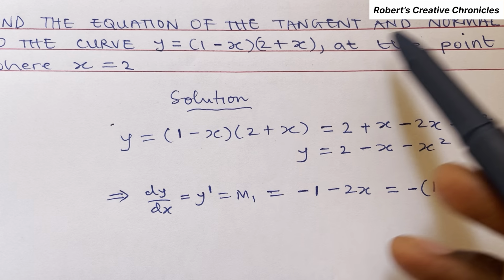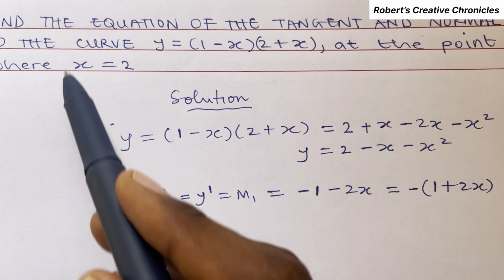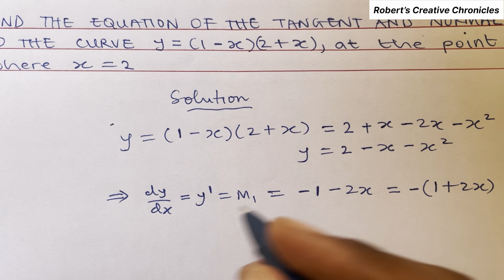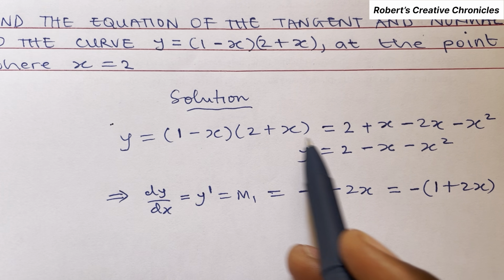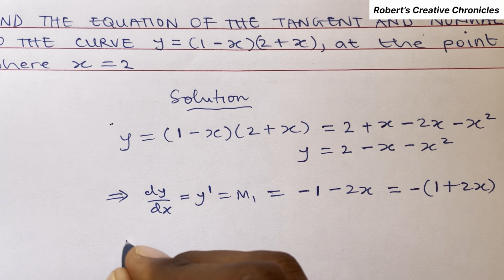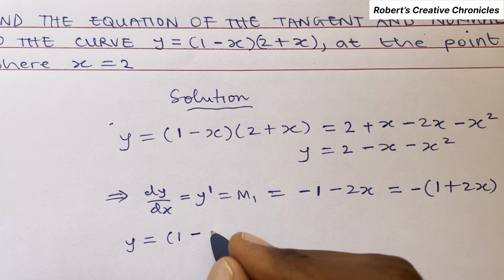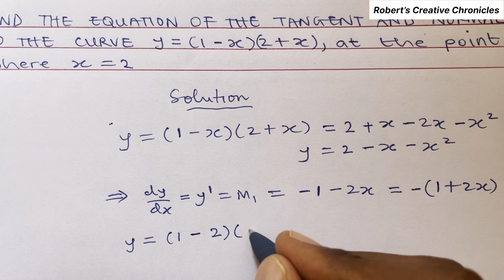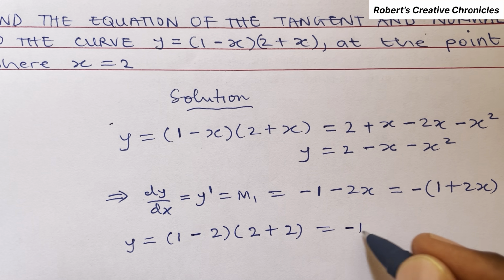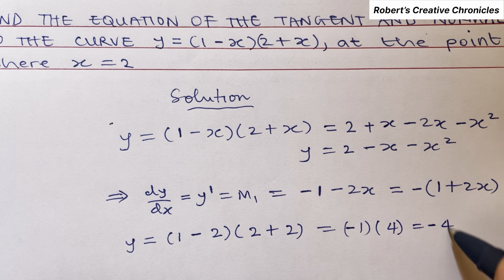So now we have to find the full point we are going to work with. You know this, it's only one variable that is given to us from the point, which is x, which is 2. We have to find y. So we'll substitute x in this equation to get y. So y becomes what? (1 - 2)(2 + 2) is equals to negative 1 times 4, which is equals to negative 4.